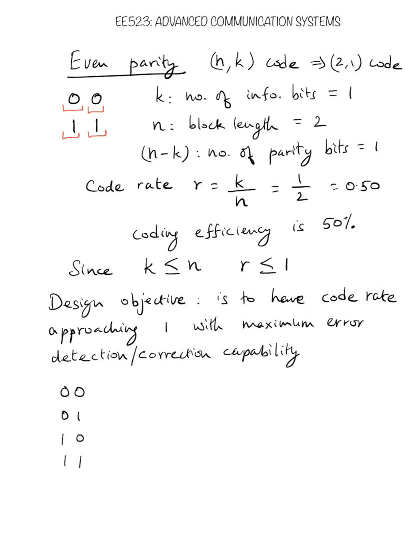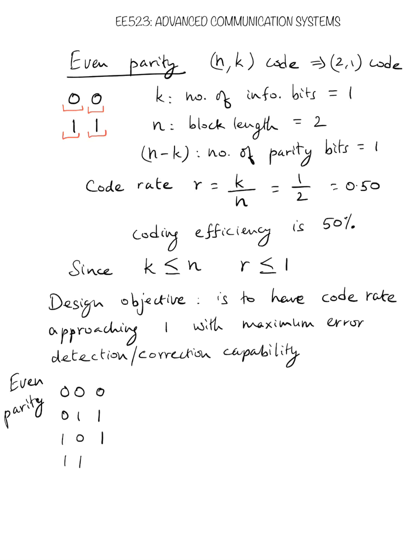And again, I'm going to do it for the even parity case. For 2 bits, we have to add an extra bit such that the total number of ones is going to be even. In this case, the extra bit will be 0. Here, the parity bit is 1, so the total number of ones is even. For this information sequence, the parity bit is also 1, so the total number of ones is even in this code word.